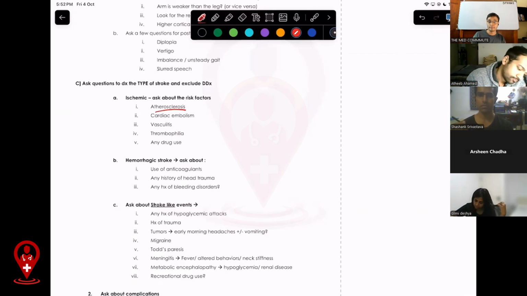Then you can ask about peripheral vascular disease. What's the relationship between peripheral vascular disease and atherosclerosis and stroke? Sorry? Embolism. Excellent. Embolic phenomenon. So DVT and emboli, right?